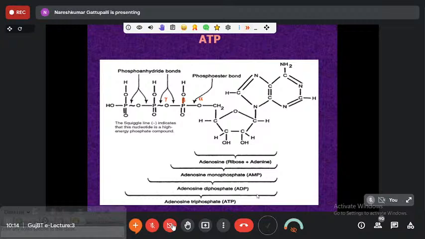But ATP is the major molecule involved in energy transfer. Although all the triphosphates are present, ATP is the most important molecule. We really don't understand why ATP was selected as the high energy molecule compared to all the other four nucleotides.